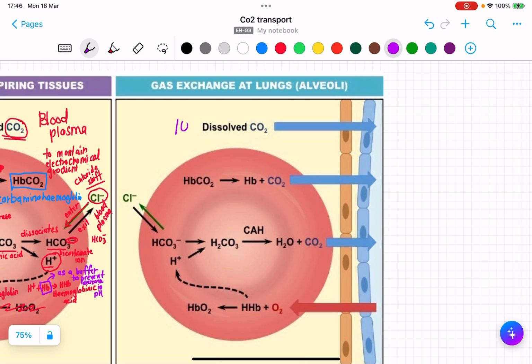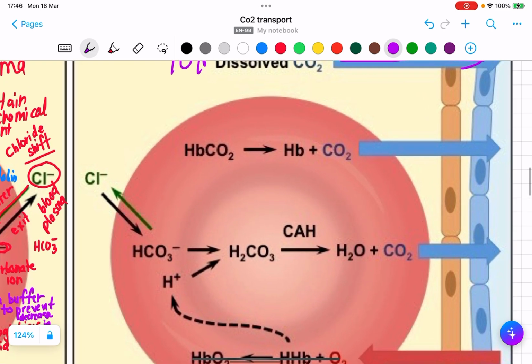Contohnya 10% yang dissolve tadi akan diffuse, masuk balik dekat lung tissue ataupun alveoli. Lepas tu carbaminohemoglobin akan dissociate jadi hemoglobin dan CO2. So CO2 ni enter balik alveoli. Kena masuk dekat lung tissue supaya kita boleh hembus keluar.